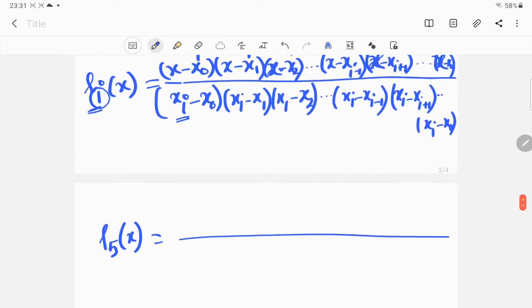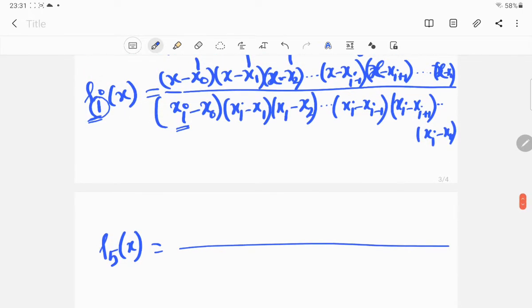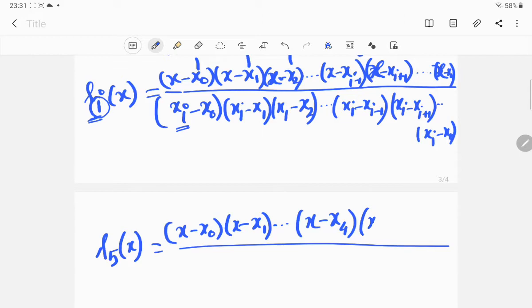First of all, just look at L5. First x minus x naught, then x minus x1, it will go. Then when you write, you can never write x minus x5 because it is already the fifth order. So you must write x minus x4, and then you must write x minus x6. You cannot write x minus x5. You need to skip that.